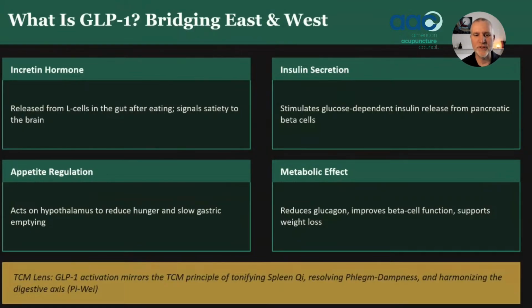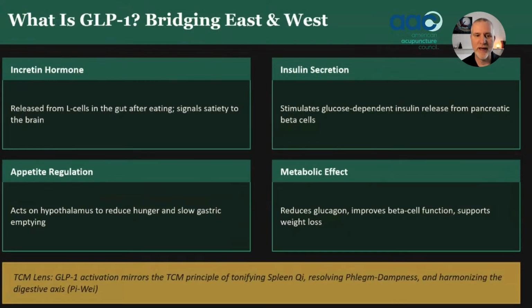There are a few incretin hormones secreted by the L cells in the gut, but GLP-1 is one of them. It is secreted by the gut lining, especially after eating, and it signals to the brain that we are full.